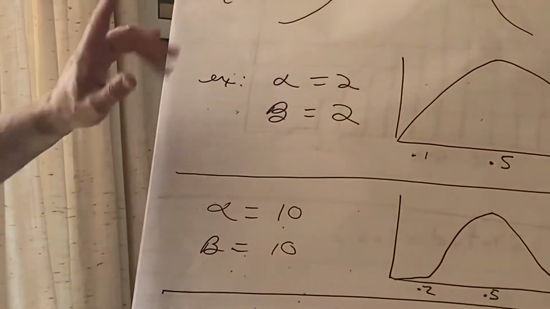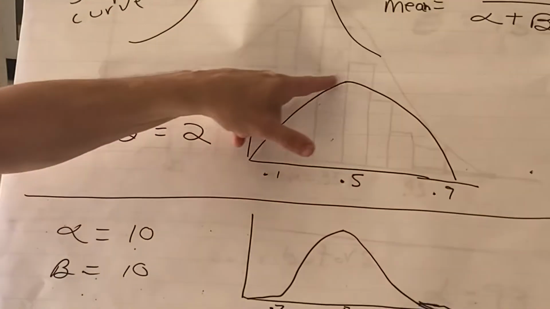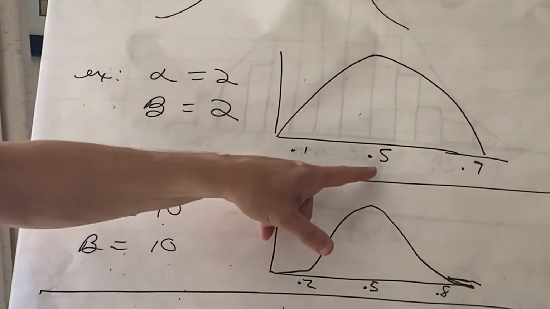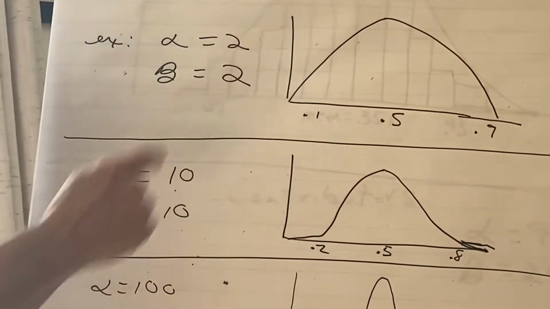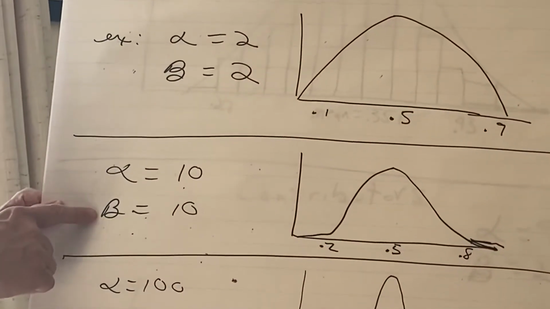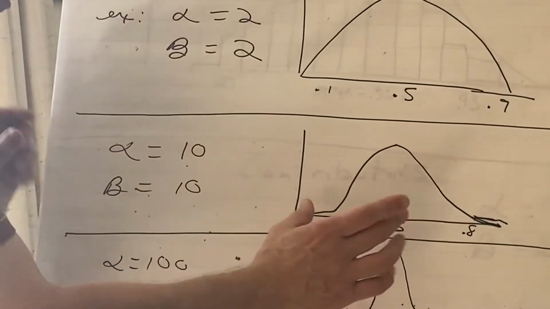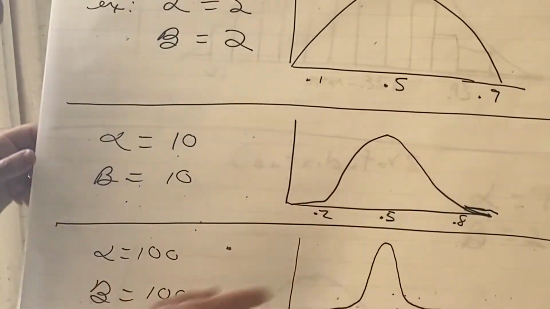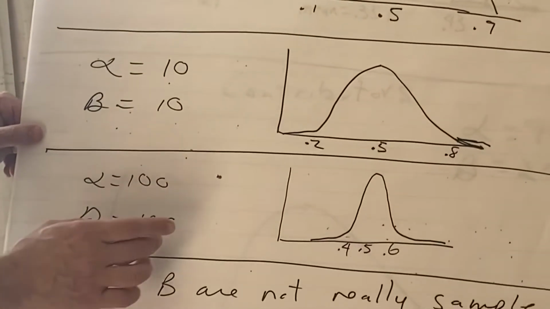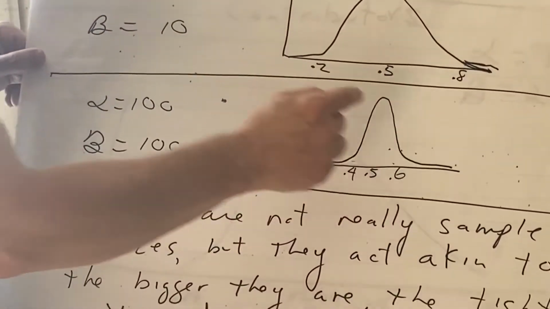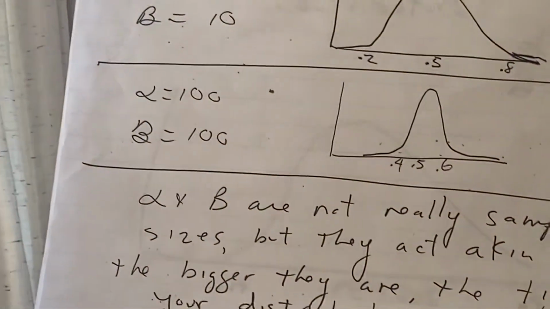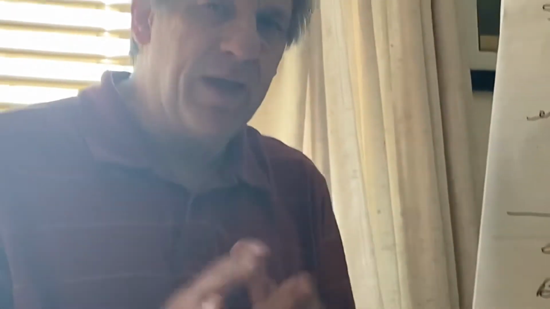For example, I just made this up: alpha equals 2, beta equals 2. This is the distribution that we would see. It has a mean of 0.5, but it's kind of wide. As alpha is 10 and beta is 10, it becomes a little narrower. And as alpha is 100 and beta is 100, the mean is always 0.5, but it becomes narrower yet. What's the significance of this? Well, we want to find alphas and betas for both Manning and Brady that fit their projections.